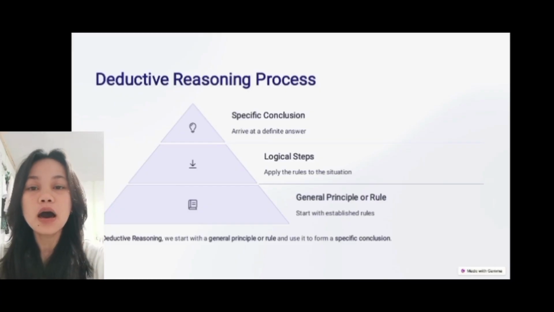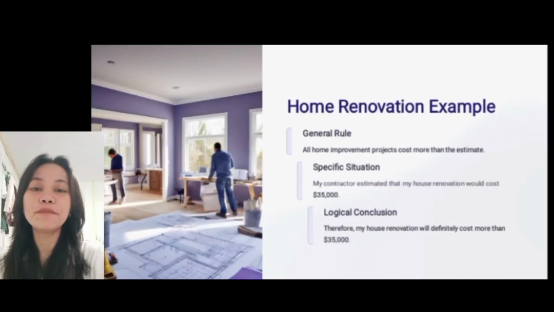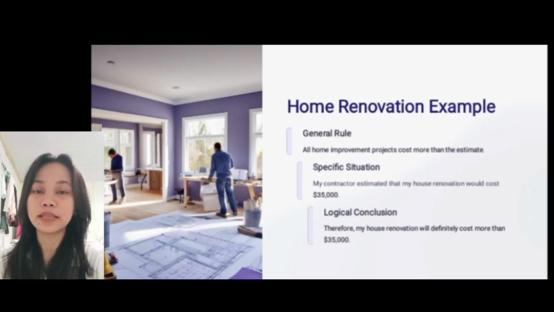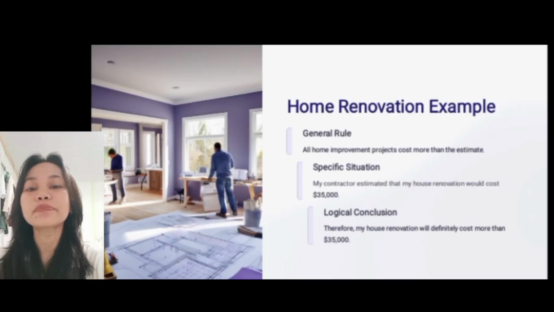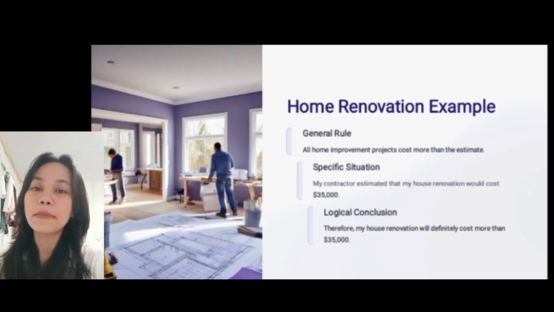For example, all home improvement projects cost more than the estimate. I estimated that my house renovation would cost $35,000. Therefore, my house renovation will definitely cost more than $35,000. Notice here that the conclusion is certain, because we used a specific rule or principle.